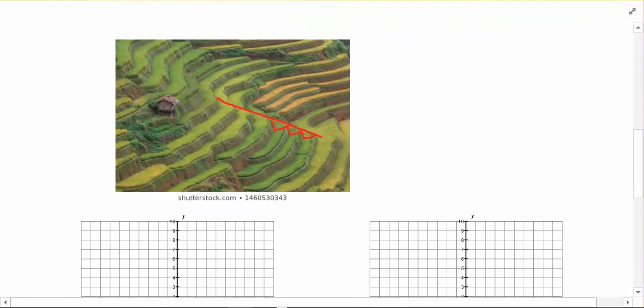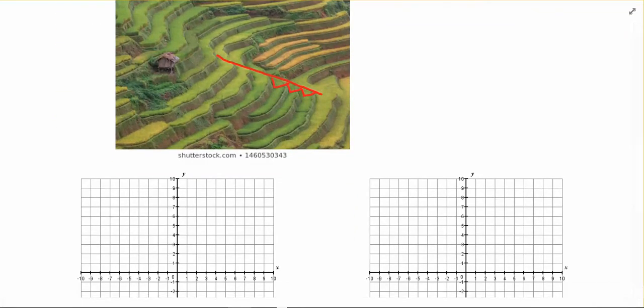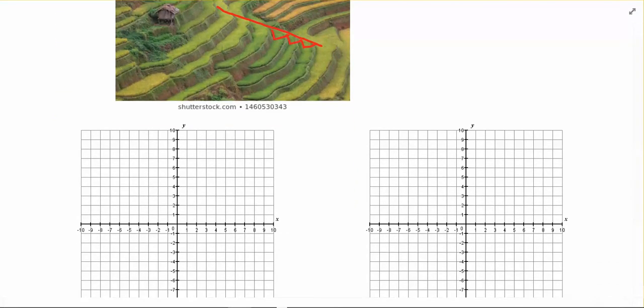And the next question is, so here we have just a grid, and let's see if I can draw a decent line. Okay, I'll use a straight edge. Let's see here if I can get this line drawn. Good enough for our purposes, I hope. All right, so here we have a slope, right?